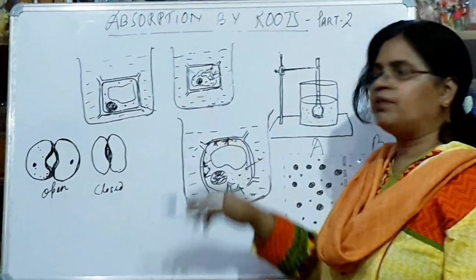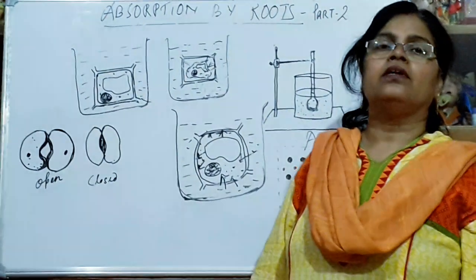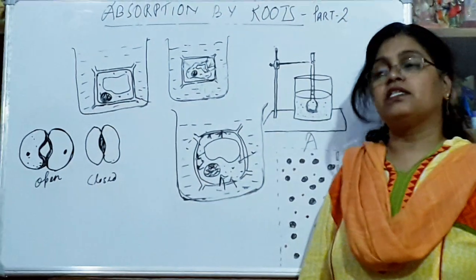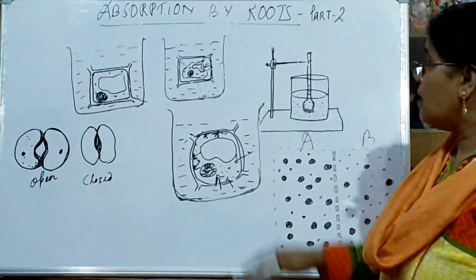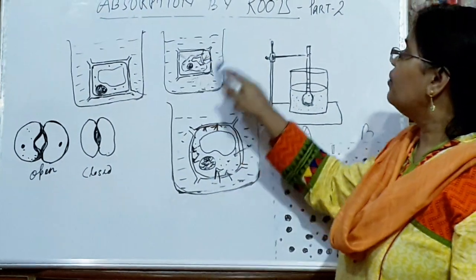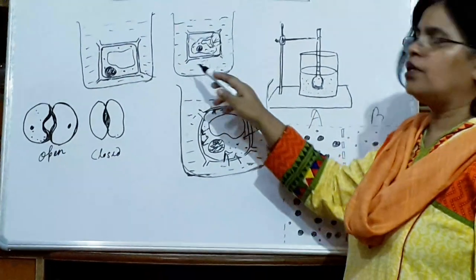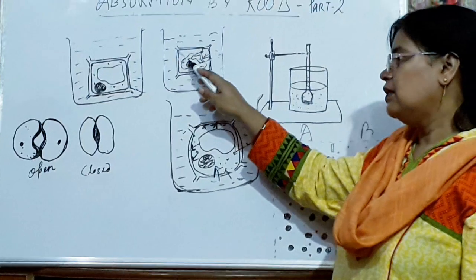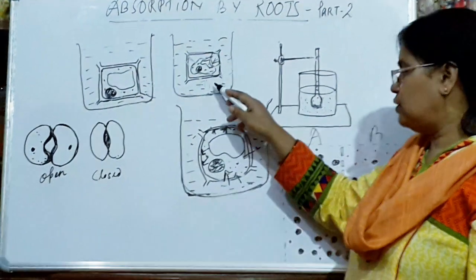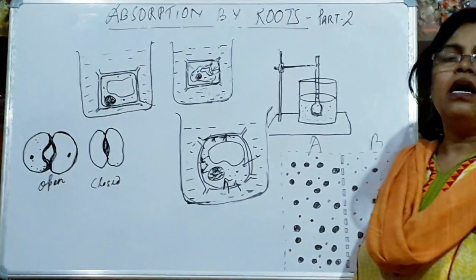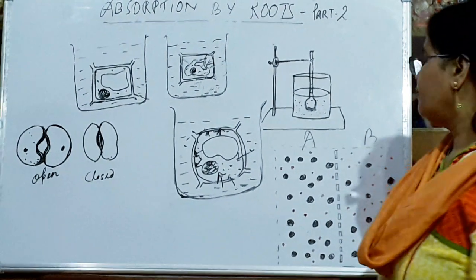This shrinkage of the cell protoplasm is called plasmolysis, and the cell is a plasmolyzed cell. When is it happening? When the outer liquid or solution is more concentrated than the cell sap. And that's why this surrounding solution is called hypertonic solution.